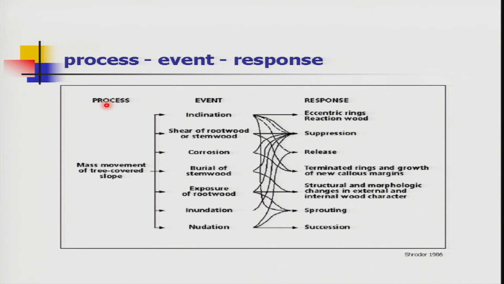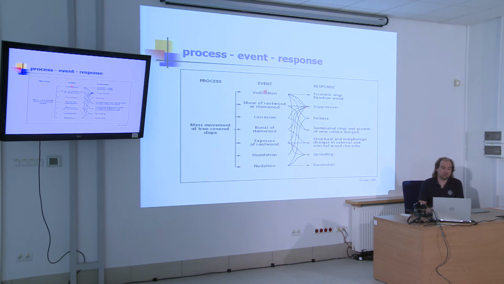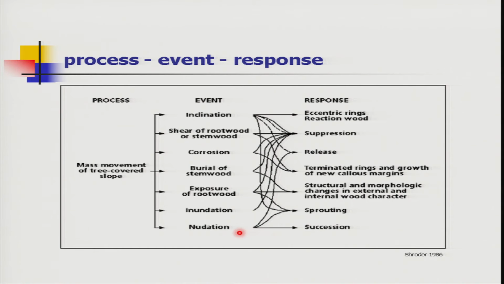One process can result in various events, and these events create different responses by the trees, by plants. In some situations, it's easy: one event ends up with one response.